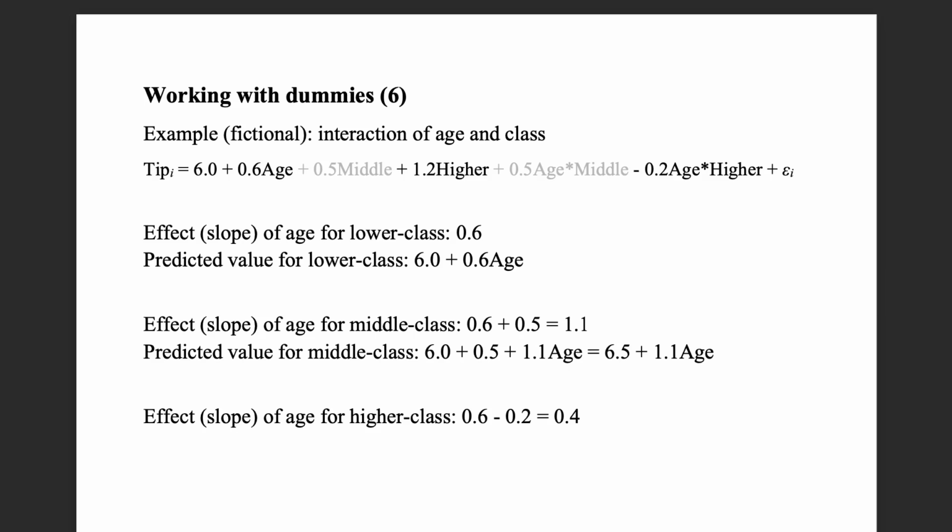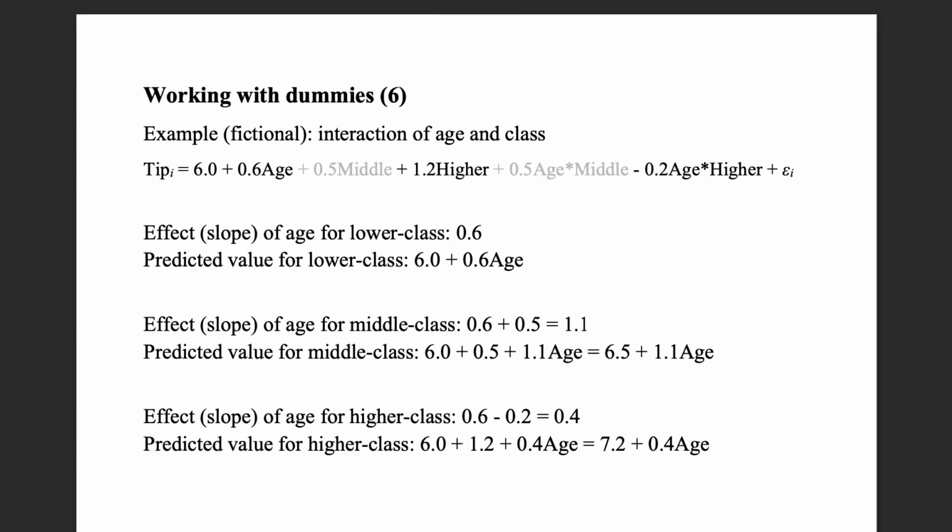So we have the main effect of 0.6 minus 0.2 for how much lower that h effect is for the higher class people compared to the lower class people, which works out to a slope coefficient of h for the higher class people of 0.4. So for them, the slope coefficient of h is 0.2 lower than for the lower class people, which works out to a slope coefficient of 0.4.